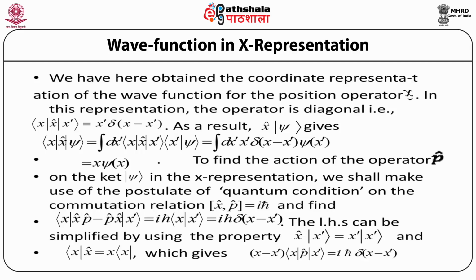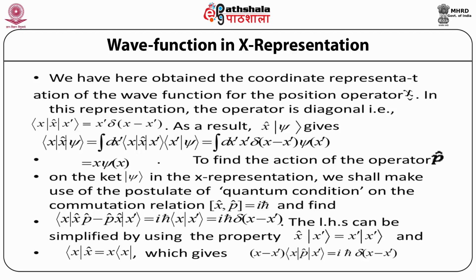So what this means is that for all matrix elements other than the diagonal elements, the matrix elements are all 0, and only where the matrix elements are the diagonal elements, they will have some values.